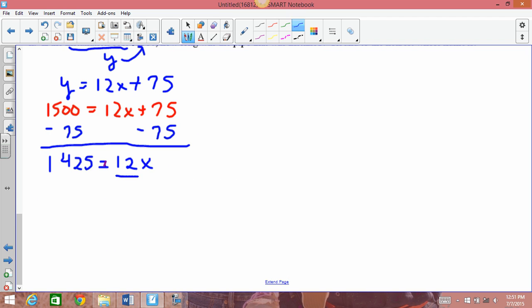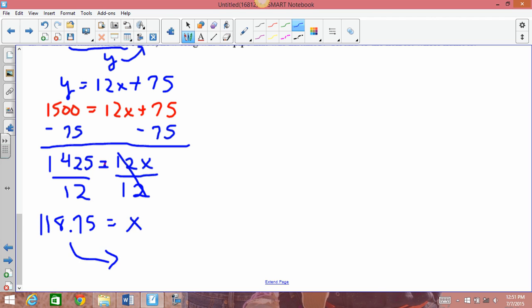Always divide by the number beside your letter. So you divide by 12. That cancels out over there, just leaves you with x. 1425 divided by 12 should give you exactly 118.75. The problem told you to round to the nearest whole number, so we'll round that up and we'll say 119 feet. Don't forget your units in this section.